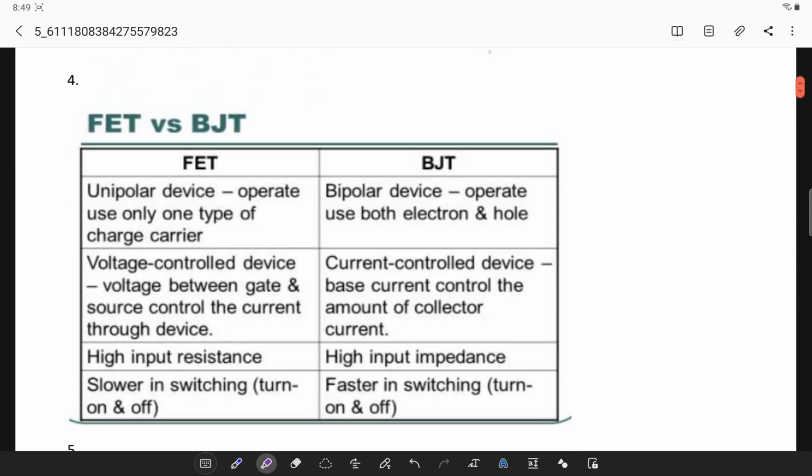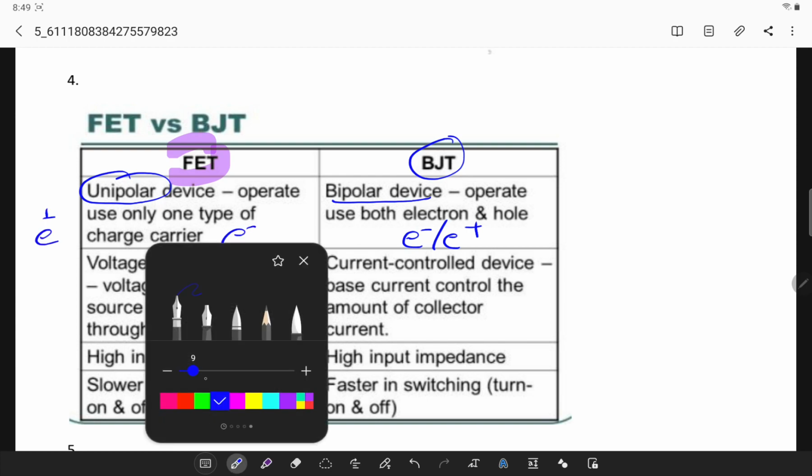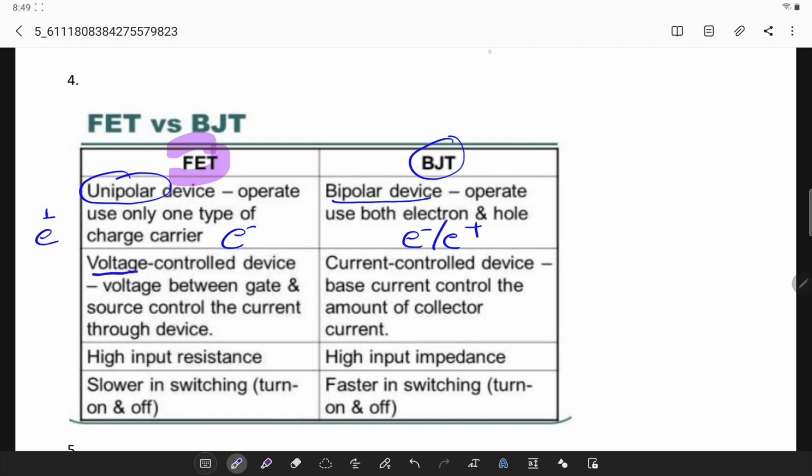So this is the comparison. FET is always a unipolar device. However, BJT has both electrons and holes, whereas FET will have either only electrons or only holes. Also, the student has to remember FET is a voltage controlled device, whereas BJT is a current controlled device.